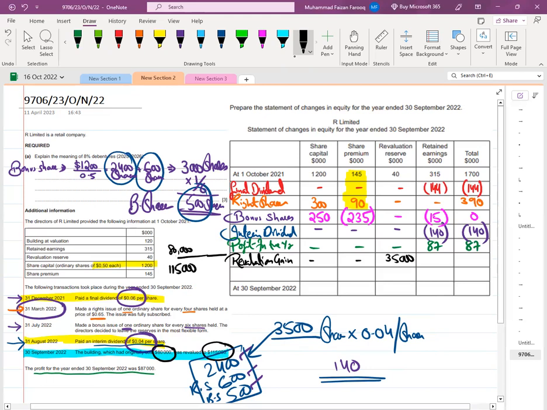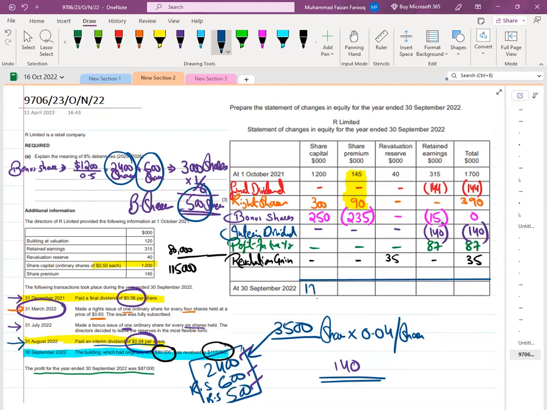We are happy with this increase, correct? That's why it's a revaluation gain. The revaluation column is available, so we are going to add it in the revaluation column. All the notes being completed, we will make the total, and this part is completed. 12, 15, 17, 50.